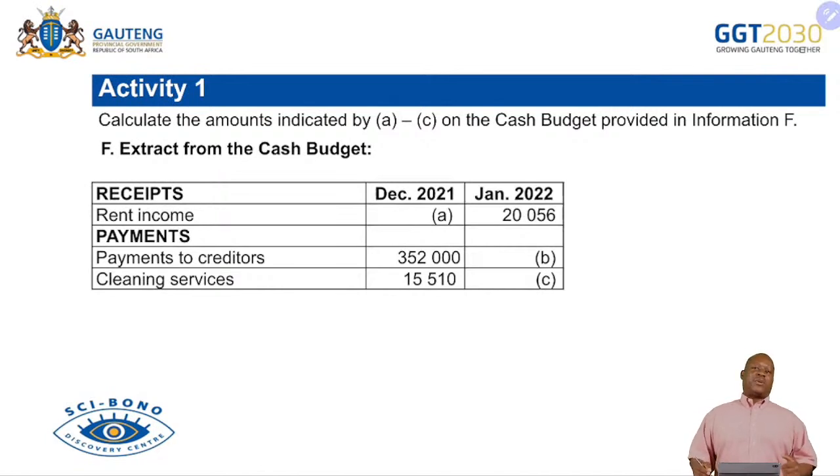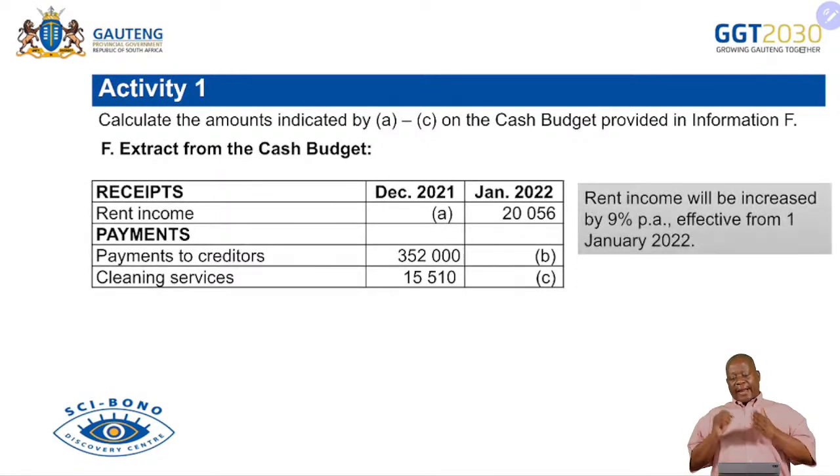What are they saying about A? So they are saying rent income will increase by 9% per annum starting in January. So what is this saying? It is simply saying in December, it was before the increase. In January, it was after an increase of 9%.